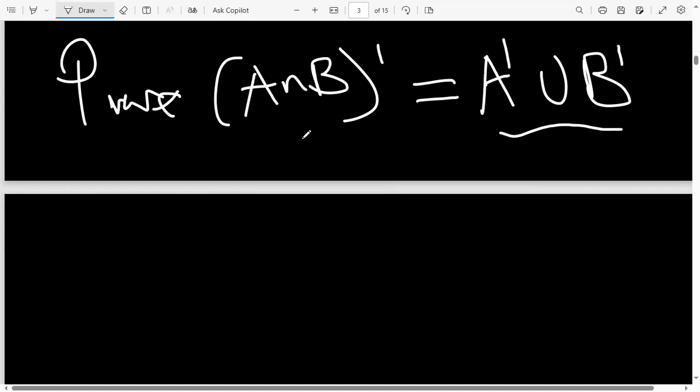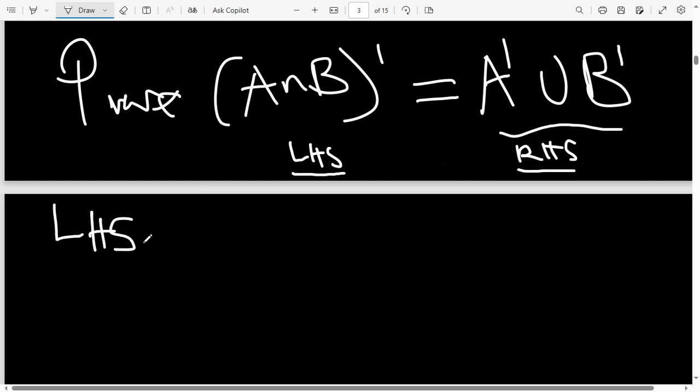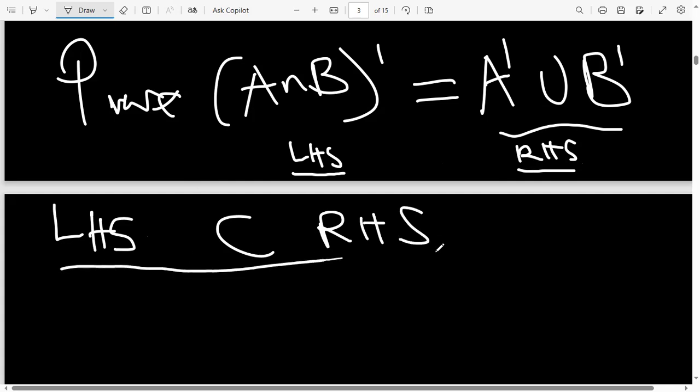We are going to show that this left-hand side is a subset of the right-hand side, and then we're also going to show that the right-hand side is a subset of the left-hand side. If we're able to show that, then our proof has been completed. So let's start by proving that the left-hand side is a subset of the right-hand side. This is the first thing that we are going to do.